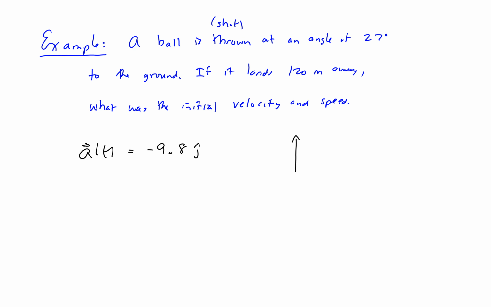So we're setting up our coordinate system like this with x and y, and gravity is pointing downward. The ball is going to go up and gravity is going to pull it back down. We know the initial launch angle is 27 degrees, and this distance is 120 meters.